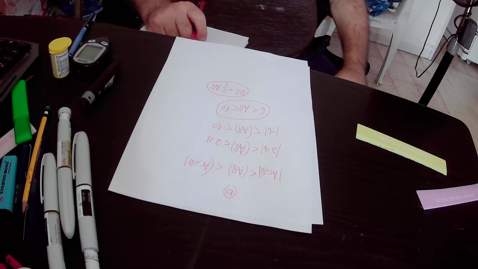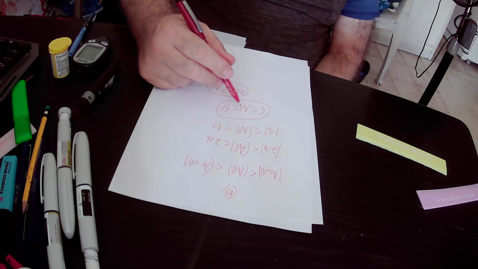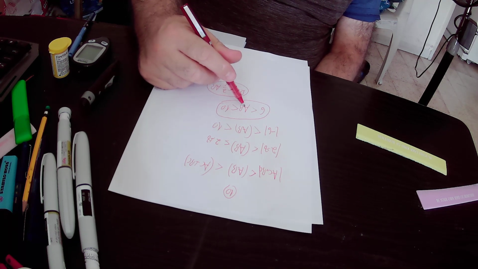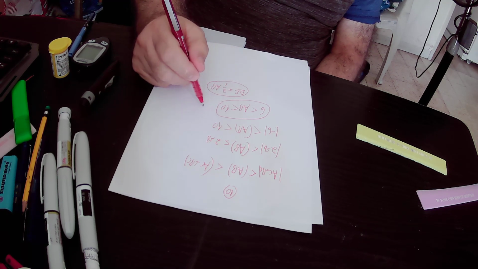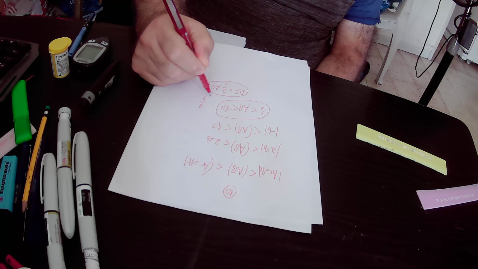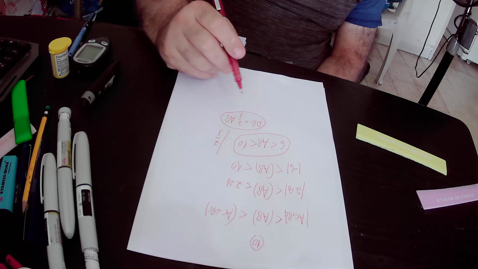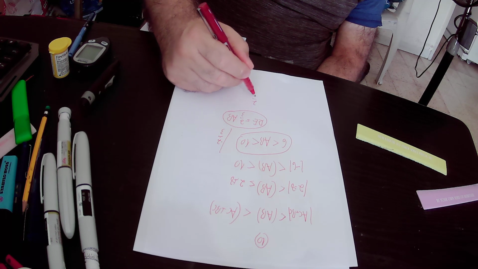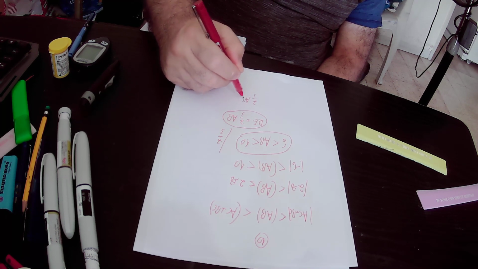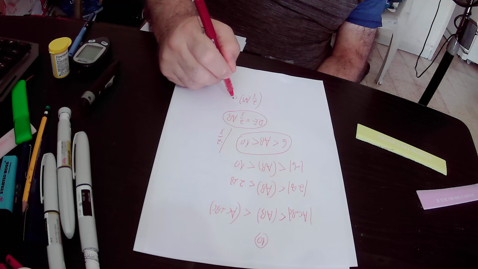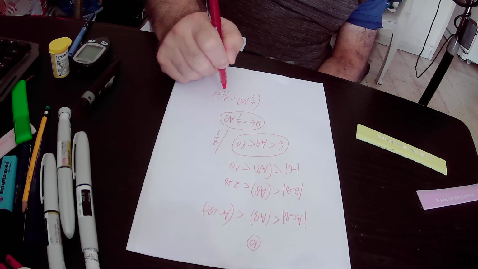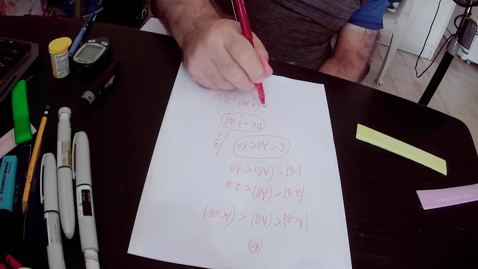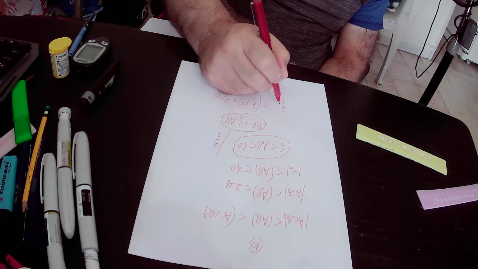Here we will multiply this expression by 2/3, and we will get that 2/3 AB is smaller than 2/3 times 10, and it is greater than 2/3 times 6.